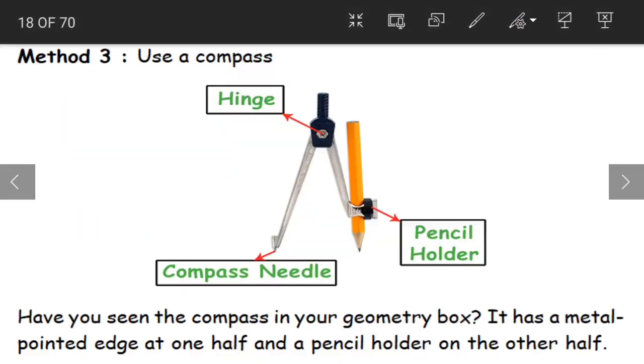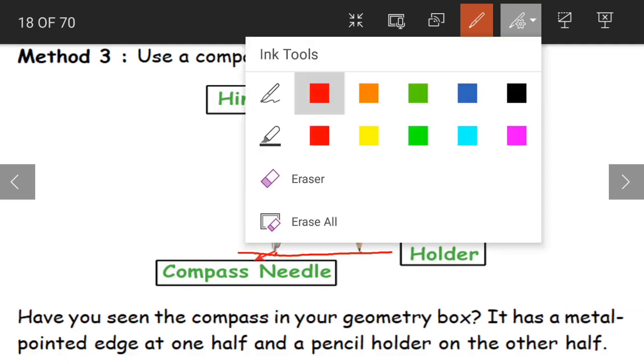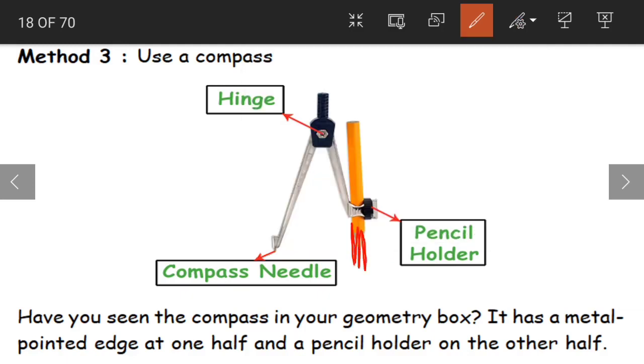See here, children. The needle is ending here and the pencil should also end there. Suppose I insert my pencil too long like this, my needle is ending here but my pencil is ending here. Are they ending at the same height? No, they are not. So you should not do it like that.